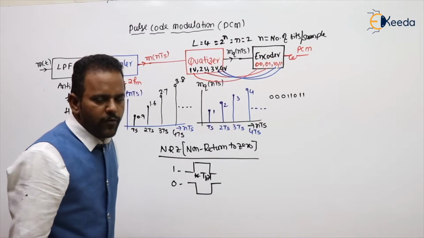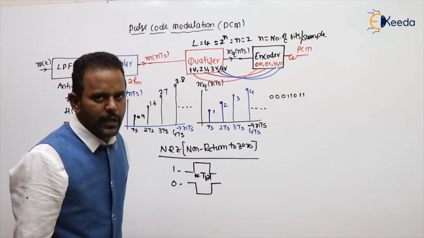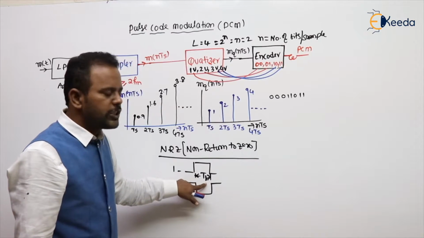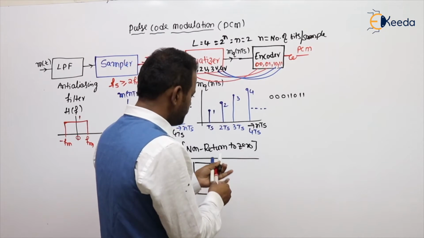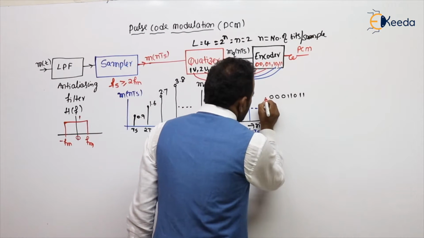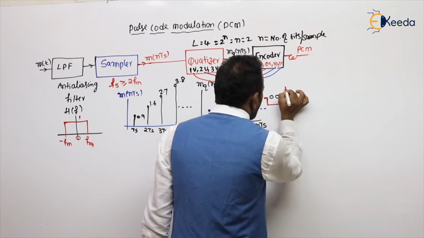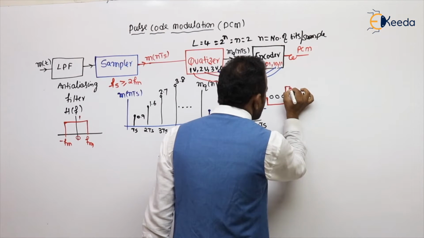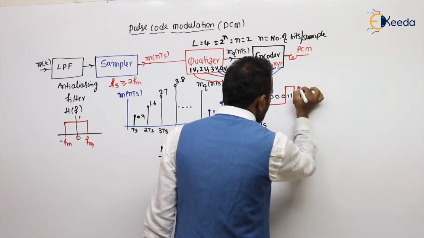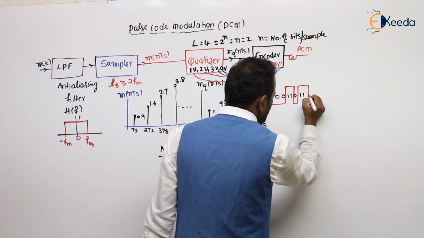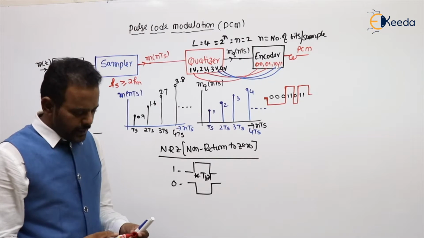About the TB formulas also we will calculate. B means bit. Bit duration, TB. So you can see there: zeros with the negative pulses, ones with the positive pulses, with fixed duration maintained.